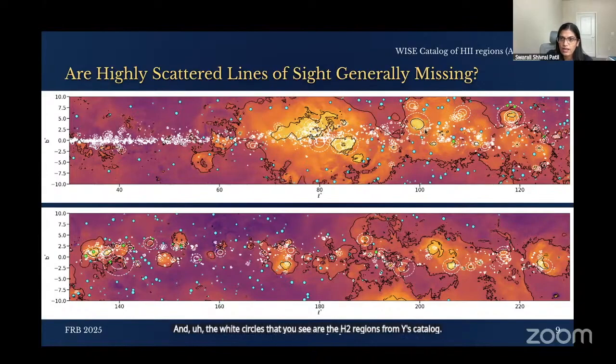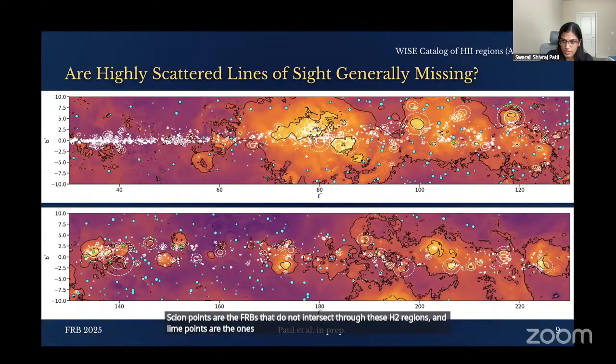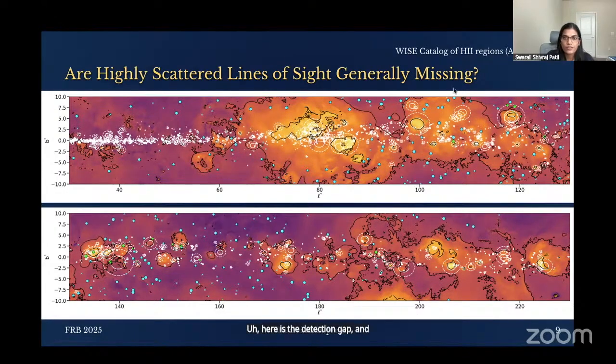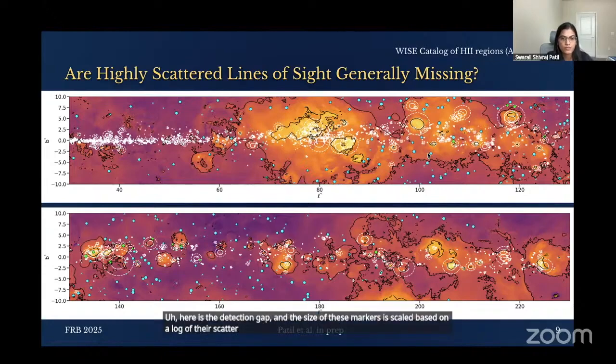Cyan points are the FRBs that do not intersect these H2 regions, and lime points are the ones that pass through them. Here is the detection gap, and the size of these markers is scaled based on the log of their scattering timescales as measured by fitburst.